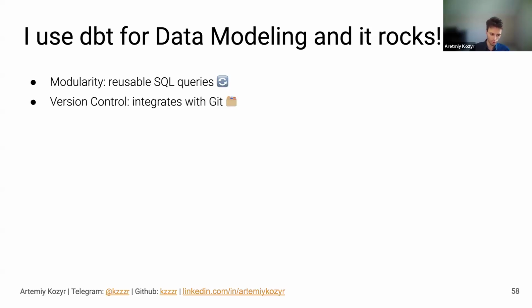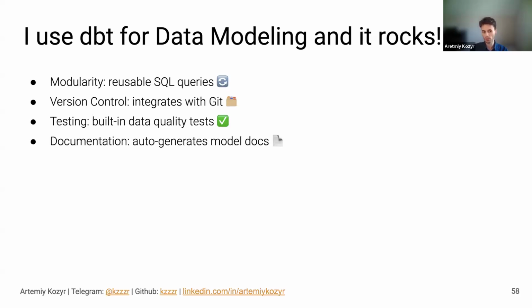Second is version control. You would treat it like a repository, with the whole span of software engineering approaches, like pull requests, code review, automated testing, continuous integration. There are testing capabilities built in, so multiple tests out of the box, and hundreds of tests can be incorporated with the installed modules.